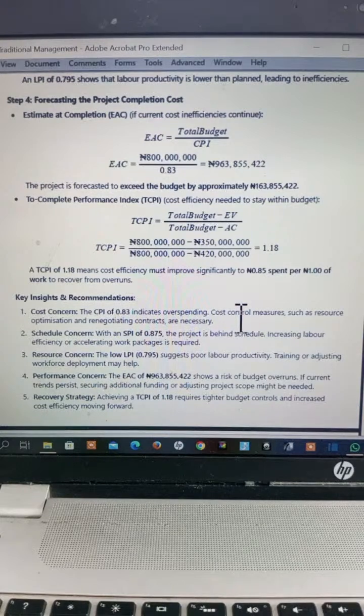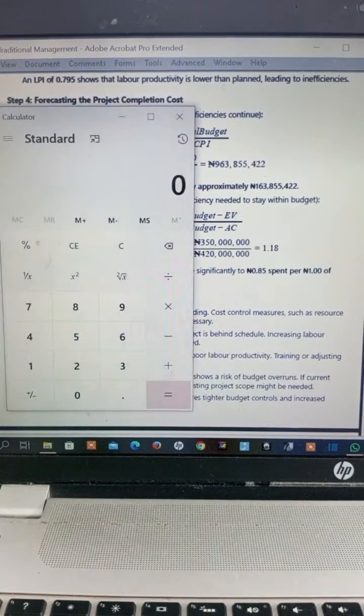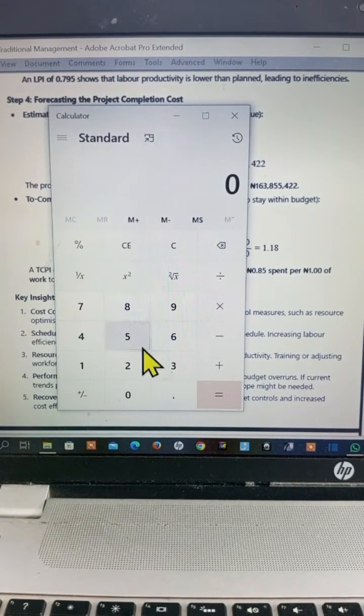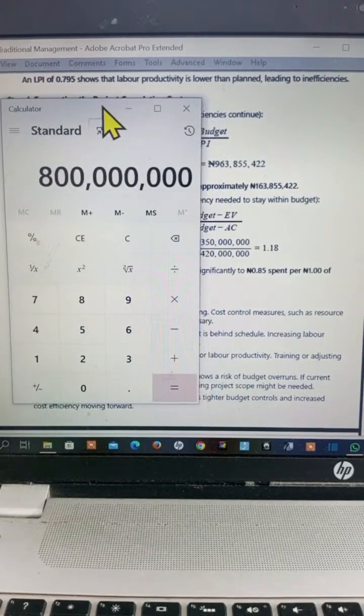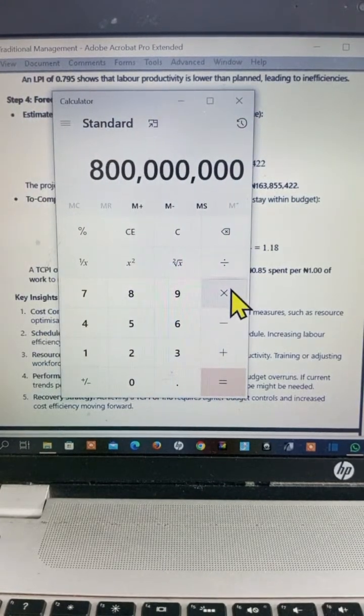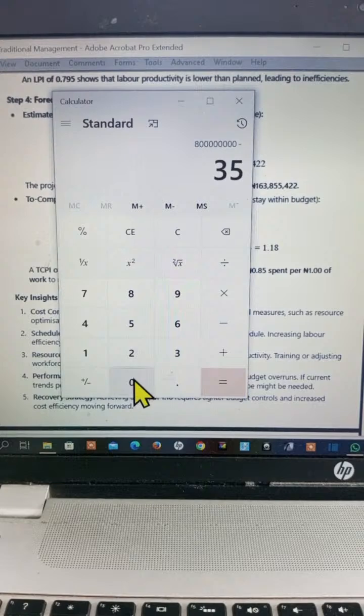Is that what your calculator gives you? Look at what mine gives me. First of all, we said that our budget is 800 million, and our end value is 350. So you minus 350 million.